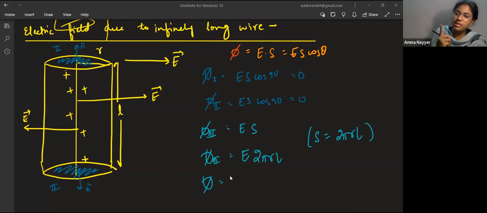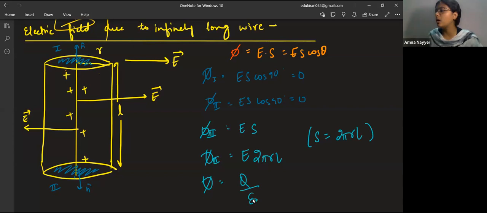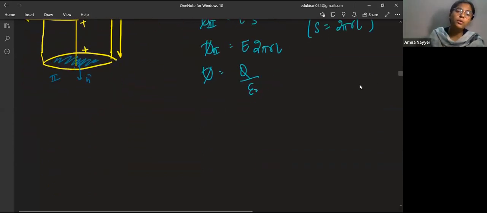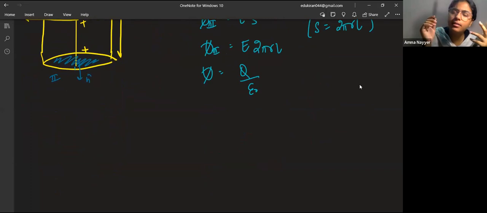Since the Gaussian surface is there, we can now use Gauss law. So this becomes equal to Q by epsilon naught. Now you can put in the value of Q. If a wire is used, out of all the charge distributions, which should you prefer: linear, superficial, or volume?